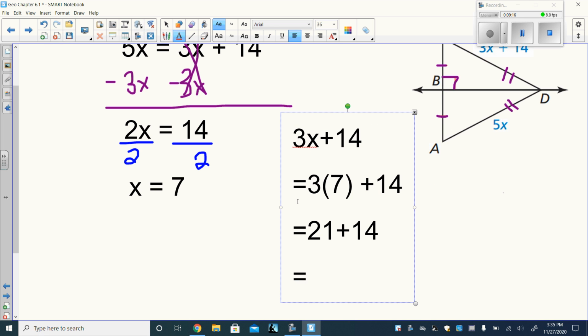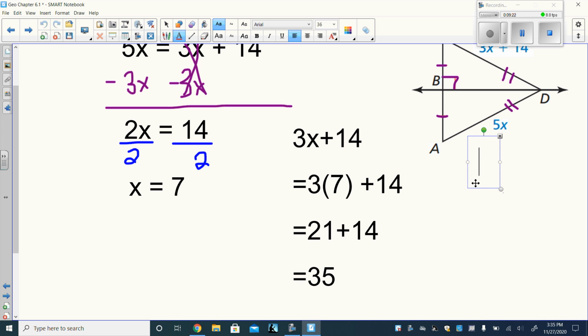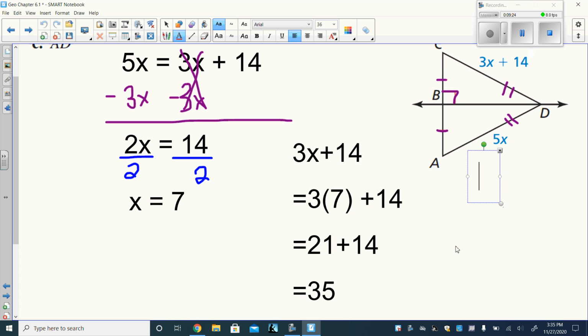Well, 21 plus 14 is 35, which is the same value we got for AD, or doing 5 times 7. And they should be the same, because CD and AD are congruent. They're equal, so they should have the same value, which we found out they did. So here the answer for AD, the length of AD, is 35.